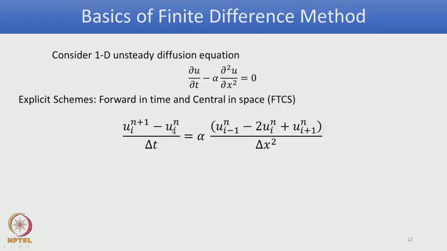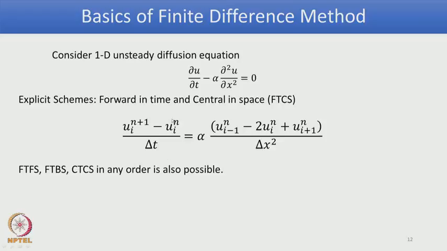In such an equation, as I explained just now, only n plus 1 needs to be determined, and that alone will be on the left hand side. We can rearrange the equation by moving u of i, n to the right hand side and clubbing it with the other terms, then you get an explicit expression to determine the value of u of i, n plus 1.